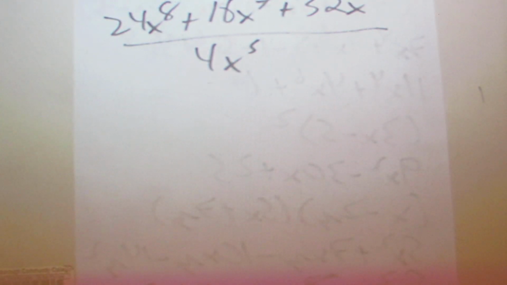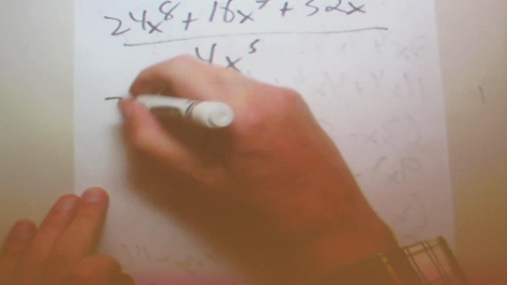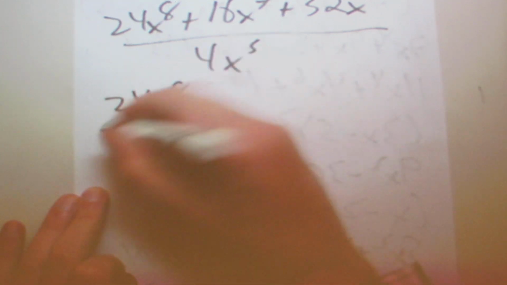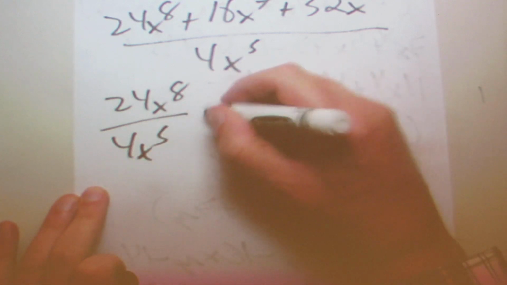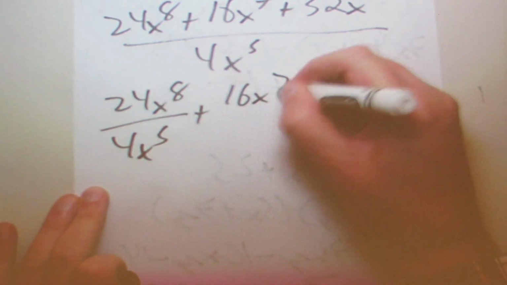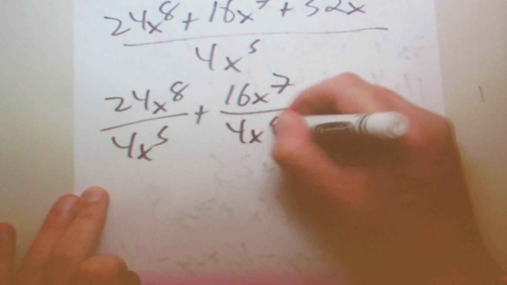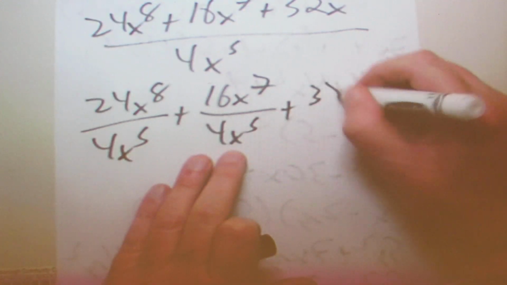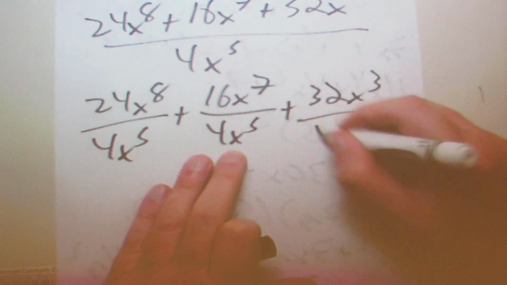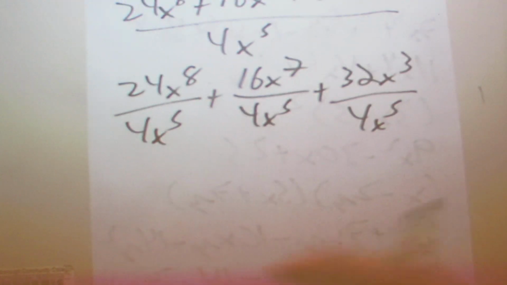So what we're going to do here is separate it into 3 divisions to make it a little bit easier. So this becomes 24x to the 8 over 4x to the 5 plus 16x to the 7 over 4x to the 5 plus 32x to the 3 over 4x to the 5.